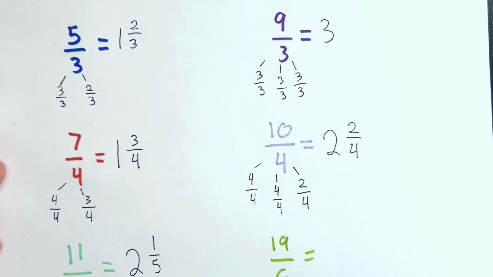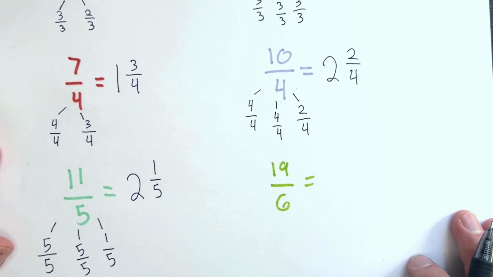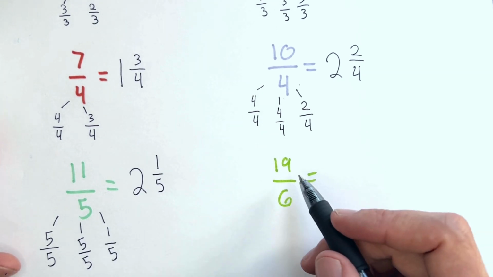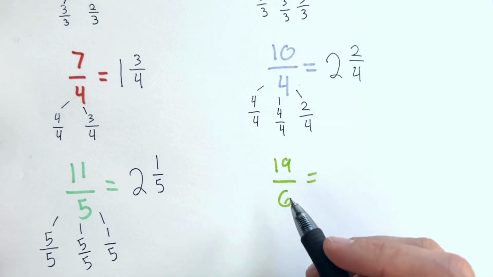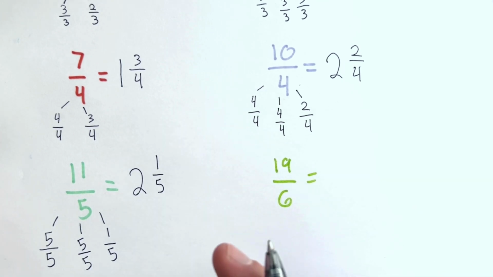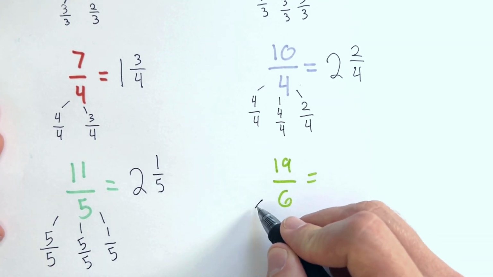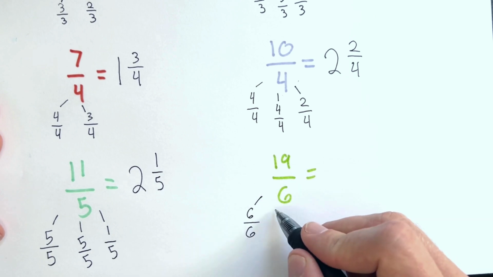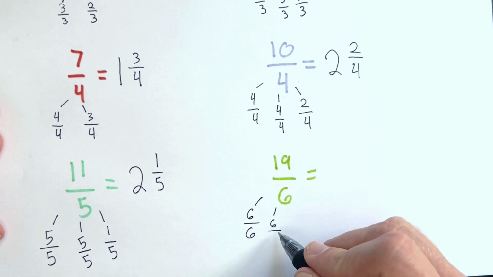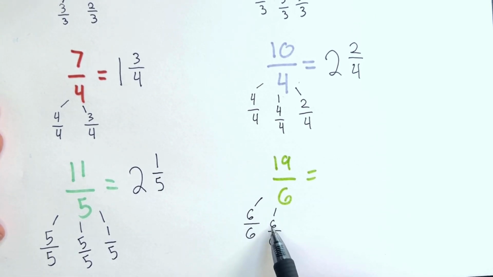Let's take a look at one more here. This is where it does get harder for students. You have a bigger top number, so it may be harder to get there, but the best thing to do is just take out groups of your whole and see if you can get any more with that. Here's what I mean. Let's start with the 6 over 6. I can take another group of 6 over 6 out, so that would be 12.